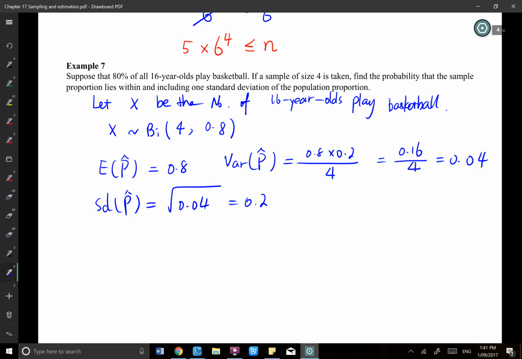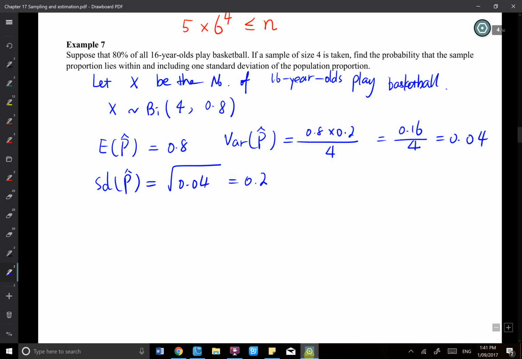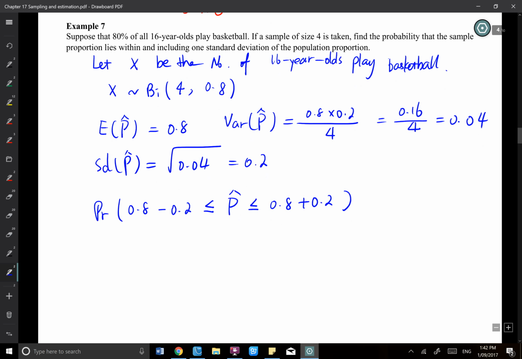Alright, find the probability that the sample proportion lies within and including one standard deviation. So that's the probability of 0.8 minus 0.2 less than or equal to P hat less than or equal to 0.8 plus 0.2. That's within one standard deviation.